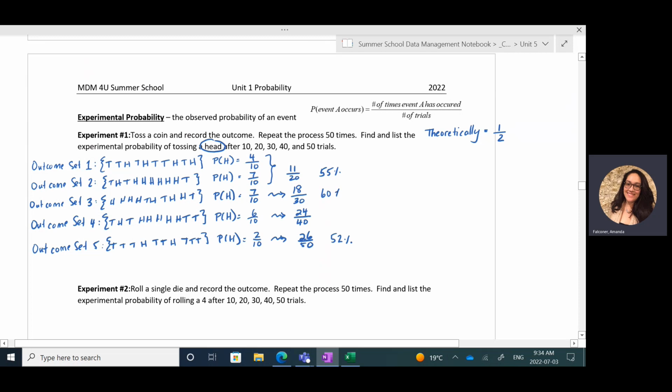And what I'm doing here to get these percentages is just dividing numerator by denominator and multiplying by 100. And this was 60%. So the law of large numbers states that the more trials, the closer our probability should become to the theoretical probability. So in the middle there, we were getting further apart, but that happens. But by the end, we were getting closer to the theoretical probability.